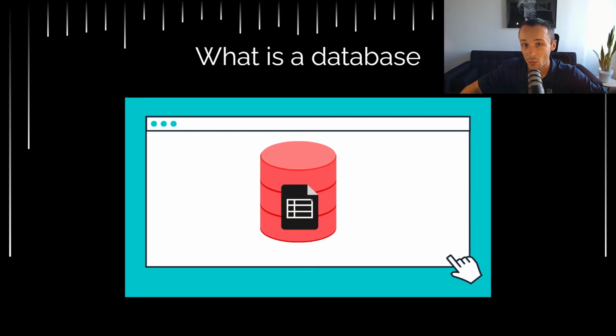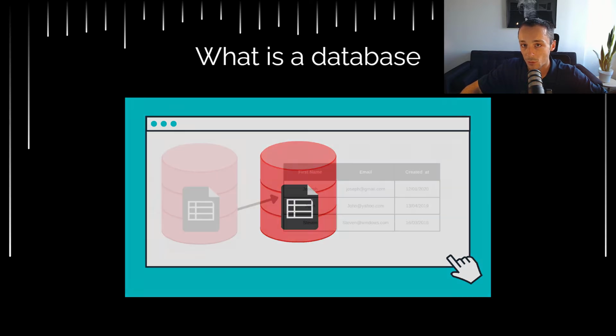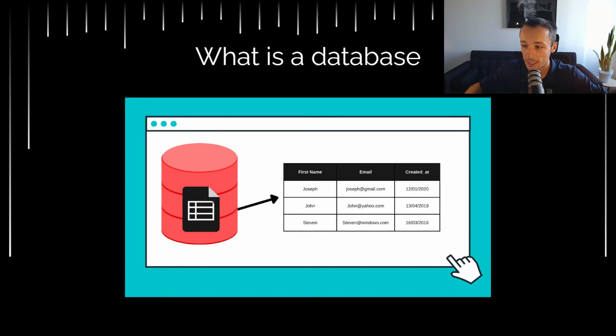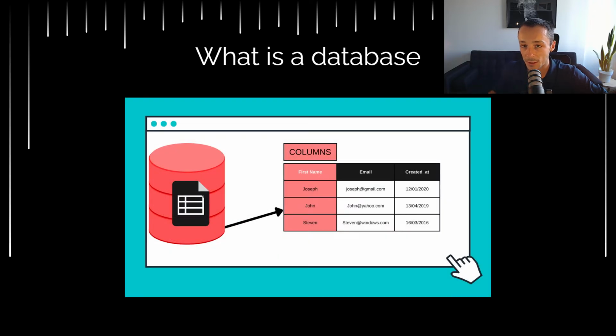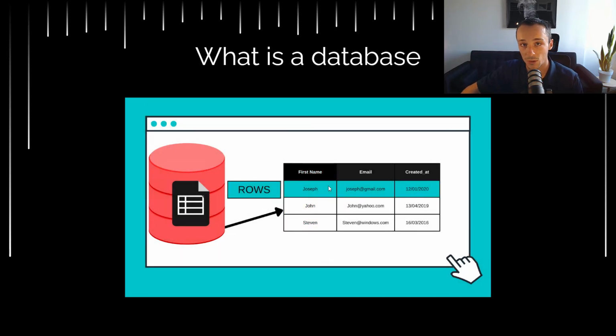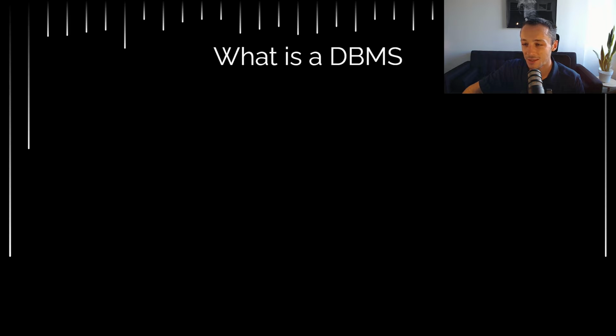And if we want to visualize what a table looks like, we can see this example here: first name, email, created at. More specifically, it's important to note that the columns are on the vertical axis and the rows on the horizontal axis. That's a key distinction that we should be making. And that's just a basic definition of what a database is.